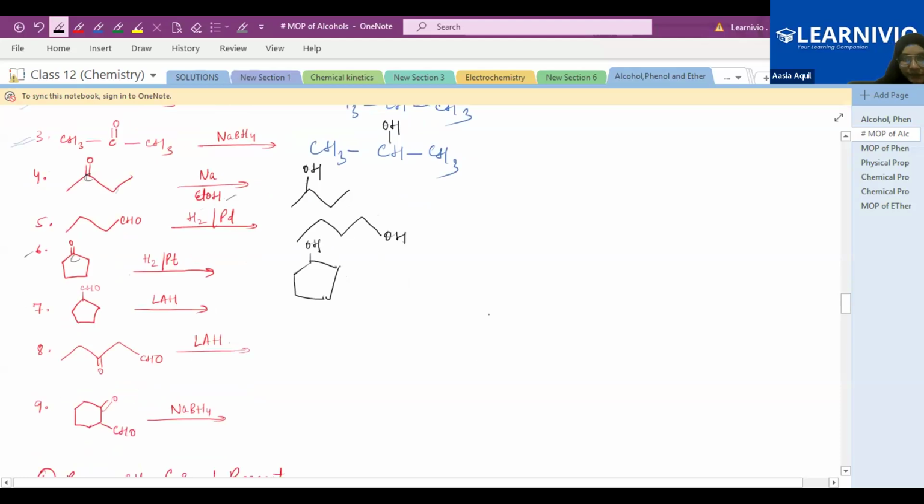Seventh one. Yes, Anisa. Anisa, seventh one. When you put lithium aluminum hydride in this, what will be the product?